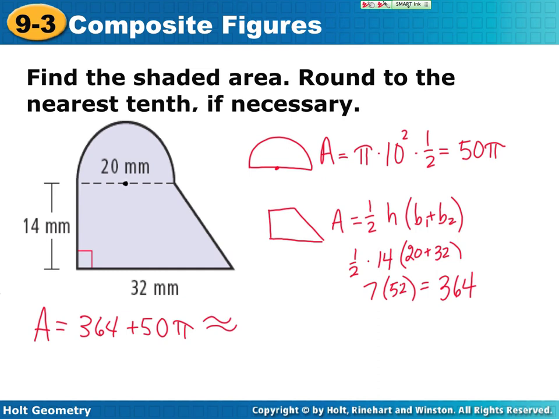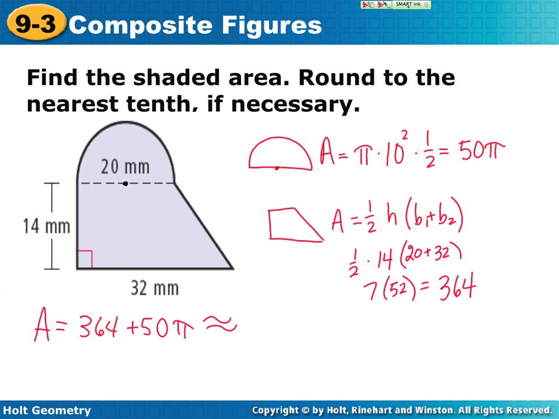157.08, excuse me. I said 157. If you're adding these together, I'd say that's just the pi, 50 times pi. Okay, add 364 to that. But it's probably like 500.